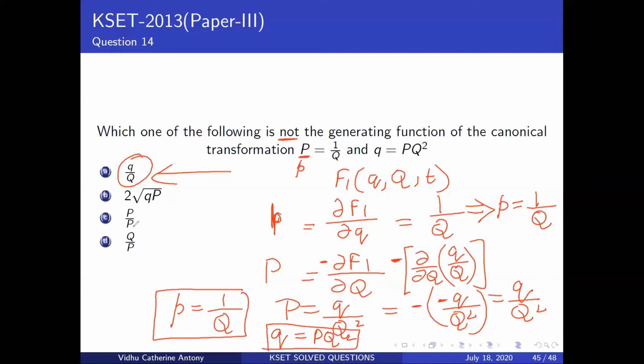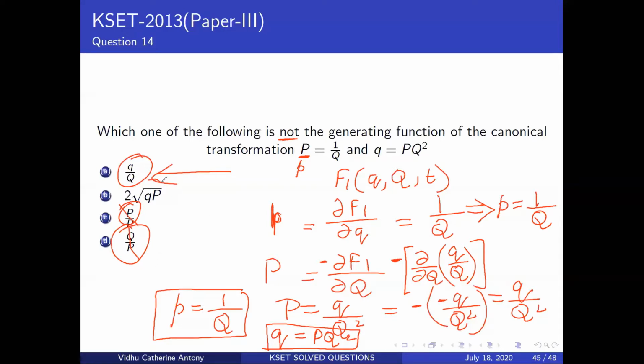Now, how do I rule out if these two are not generating functions? You've got the same coordinates here, both little p and little p coming up, which is big, both capital P's. That means there are new coordinates. What about these two? These are new coordinates, you've got a big Q and a capital P coming up. So you can rule this out directly.